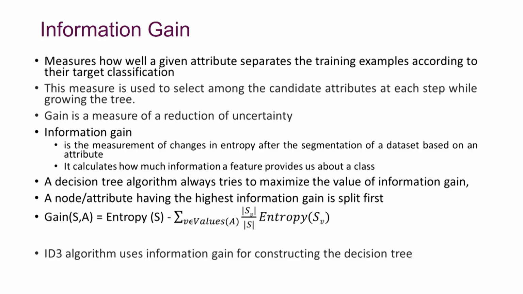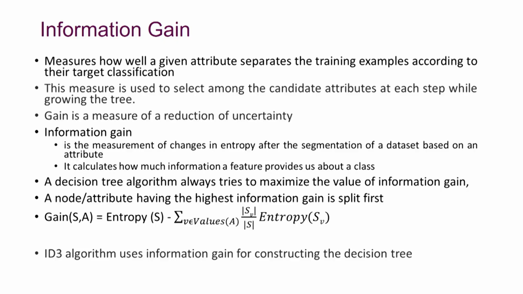We can say it is a measure of changes in entropy after the segmentation of the data set based on an attribute. So, there is a node, we are splitting it using an attribute, and we will check the change in entropy: what was the previous entropy of the original node, and when we split it into two or more nodes, what is the entropy now.